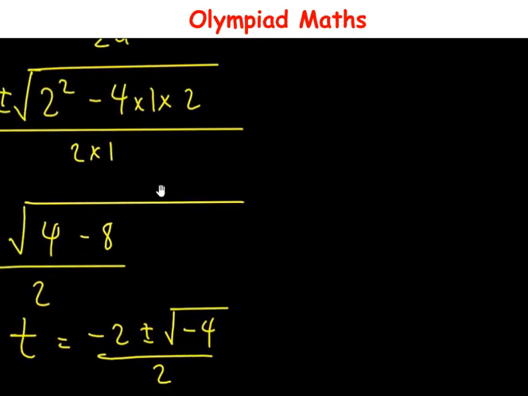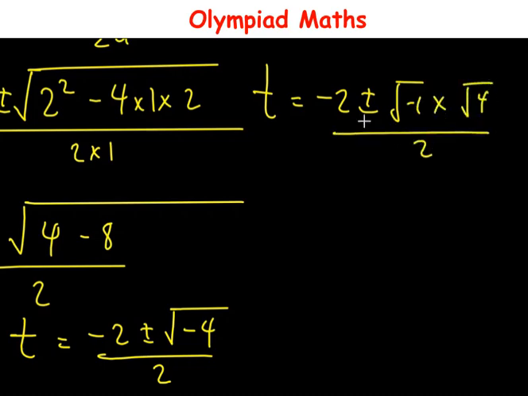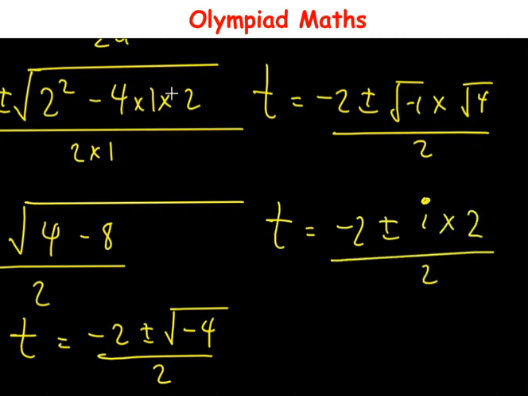Such that the value of t is equal to minus 2 plus or minus, we can write this as root minus 1 times root 4, all over 2. So t is equal to minus 2 plus or minus root minus 1 is i, times root 4 is 2, all over 2. Here, 2 divided by 2 is 1, and 2 divided by 2 is 1.